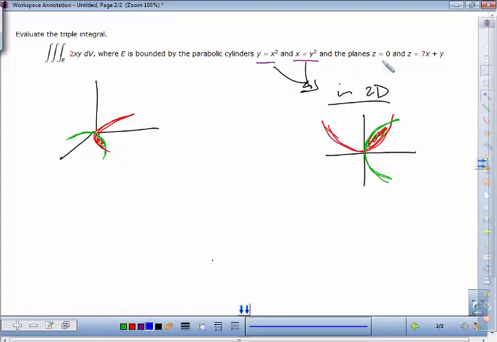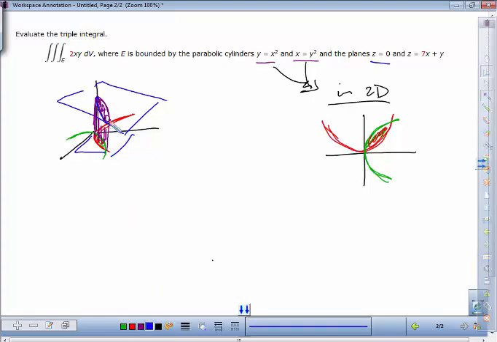Now let's talk about the planes here. The plane z is equal to 0 is just the xy plane, so that's not an issue. And this plane up here, I don't know how it looks. It looks like it would be slanted somehow, so I'm just going to randomly draw a plane over here. Now for the solid, if you can picture this, then great. If not, then don't worry too much about it. The solid would be something like this.